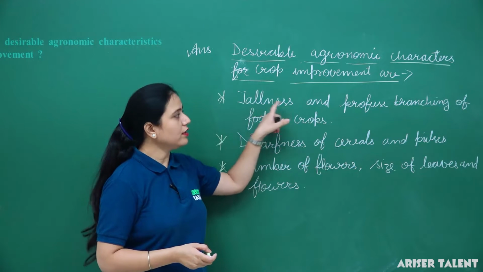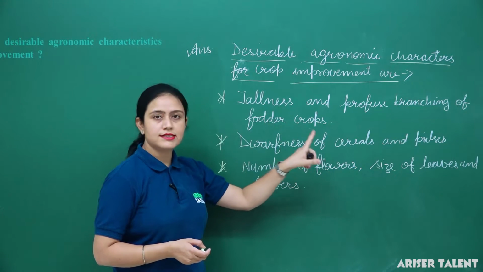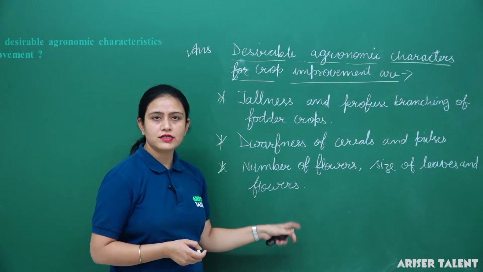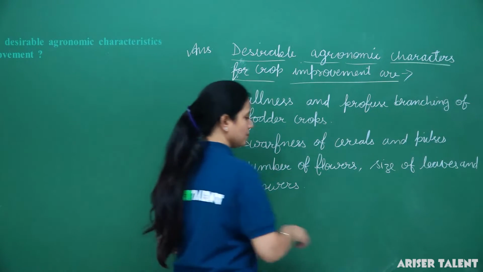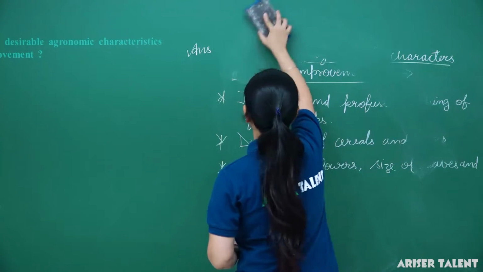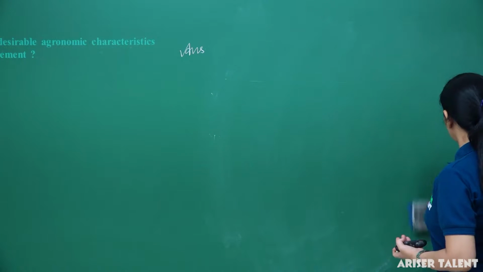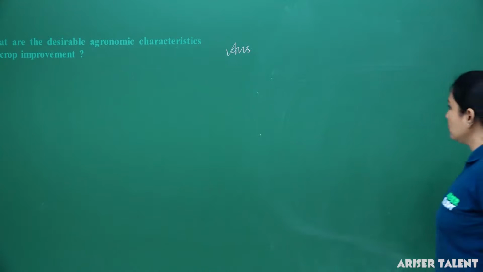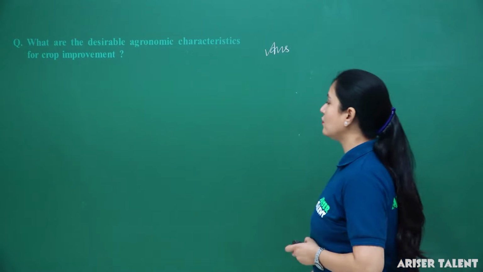What are they? Tallness and profuse branching of fodder crops, dwarfness of cereals and pulses, number of flowers, size of leaves and flowers. Clear? So this was all about the desirable agronomic characteristics for crop improvement.